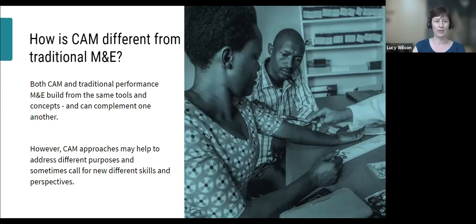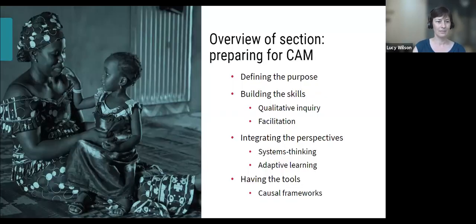Okay, so I think we can go on to the next slide. And this is just a quick overview of what I'll be covering in my section. Building on the last slide, the focus will be on purpose, skills, perspectives, and tools. We'll do a few slides on the purpose of M&E and when CAM is appropriate. Then we'll talk about the skills that are relevant to complexity-aware monitoring, as well as the perspectives.